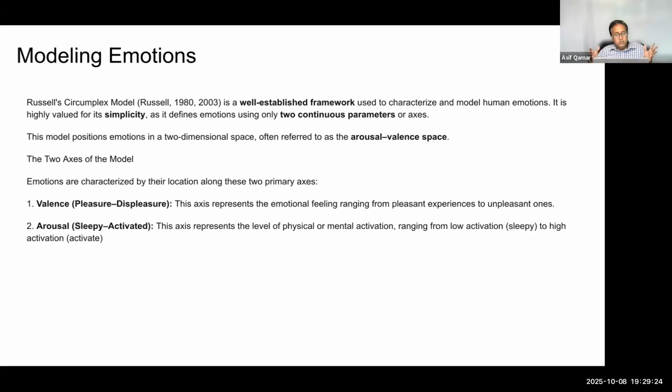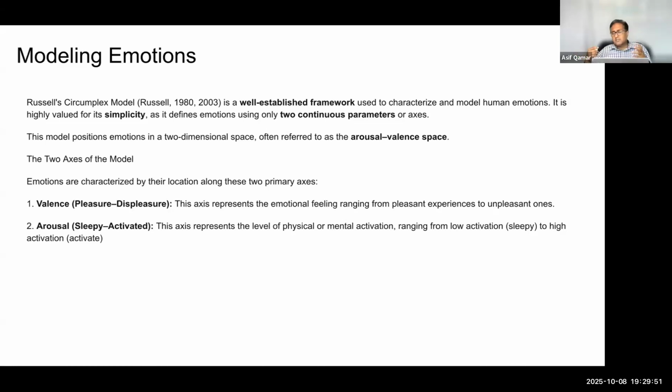In other words, you can specify an emotion from two different angles. One is called valence, and the other is arousal. You take any emotion and quantify it numerically, and you can specify whether it is pleasure or displeasure, for example.